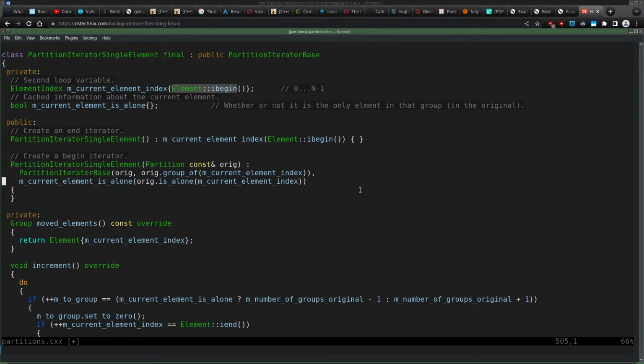What? Well, that would be pretty shocking. Element I begin is just a static function that returns 0.